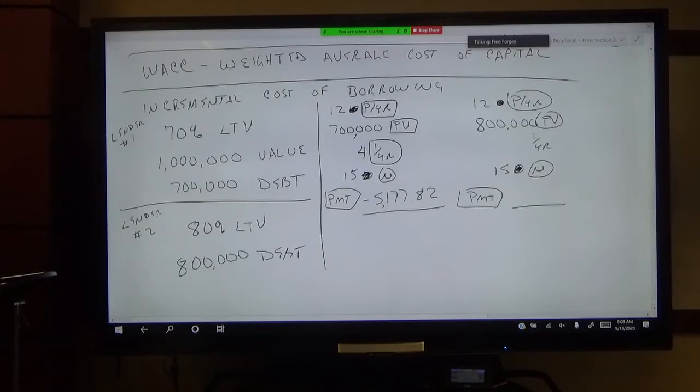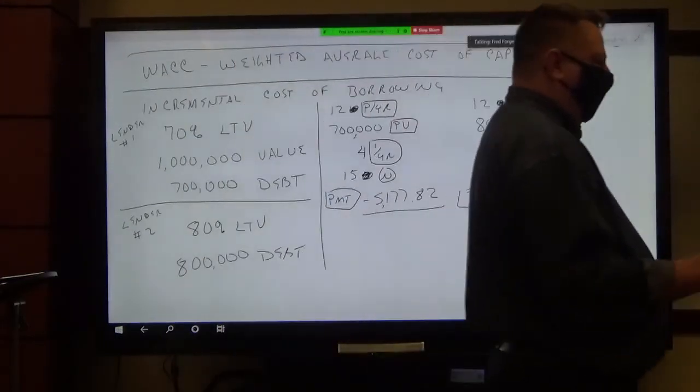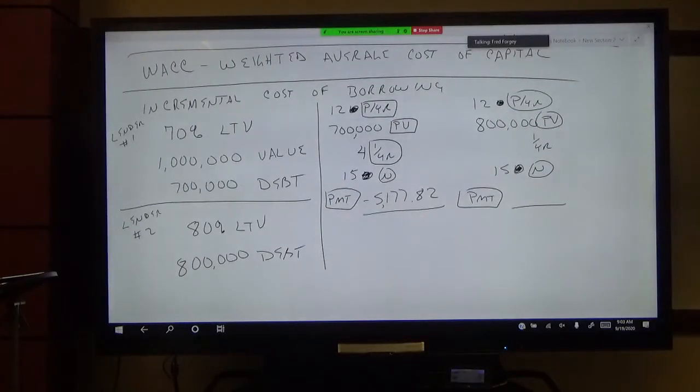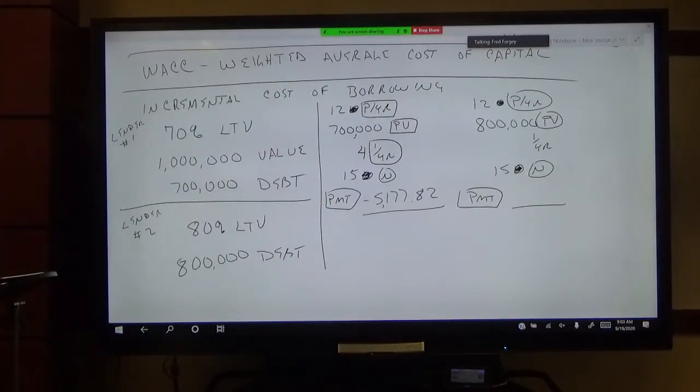But here's the thing. Because the new lender is taking on additional risk by giving you an 80% loan versus a 70% loan-to-value loan, they're going to probably charge you a higher rate of interest. So let's just say they charge you, I don't know, 6%.